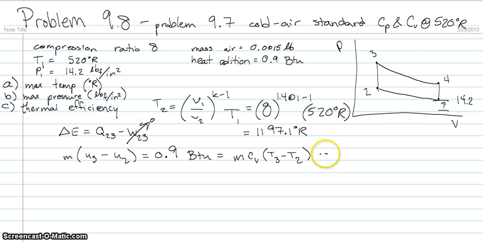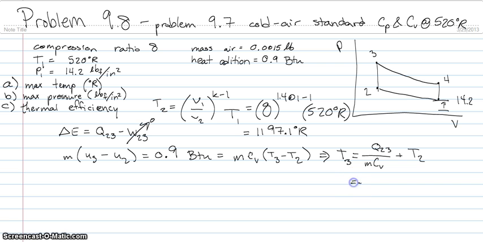So the final equation we can use is going to be the temperature at state 3 equals the heat addition from states 2 to 3 over mass times specific heat, plus the temperature at state 2.